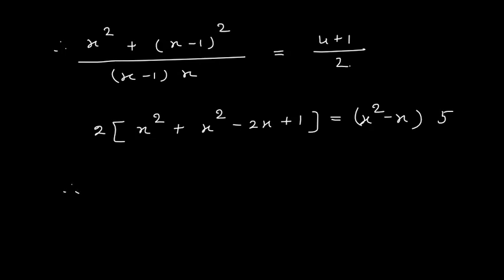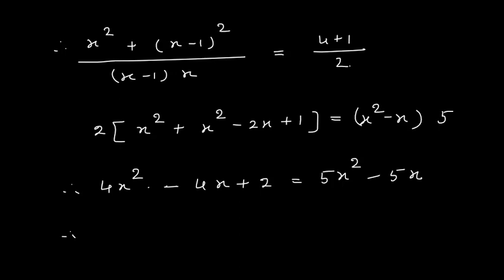Therefore x square plus x square is 2x square, multiplied by 2, so 4x square, minus 2 into 2, it is 4x, then plus 2, and here it is 5x square minus 5x.